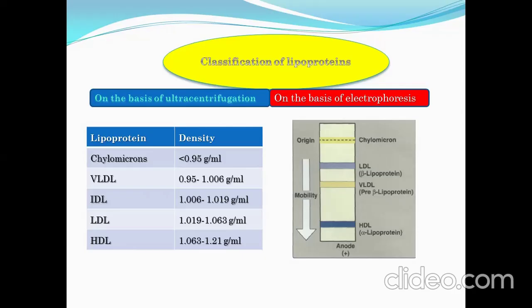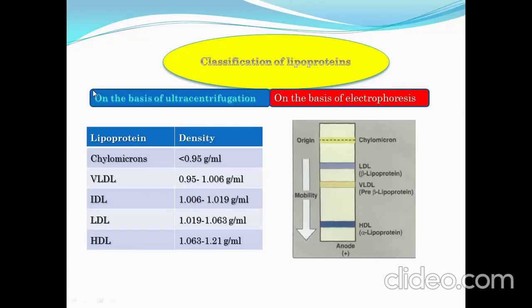This ultracentrifugation mainly separates cellular organelles, protein moiety, and all these. So this is the analytical technique for separation, and based on it the lipoproteins get separated. I already told you that the molecules are separated based on density and size.